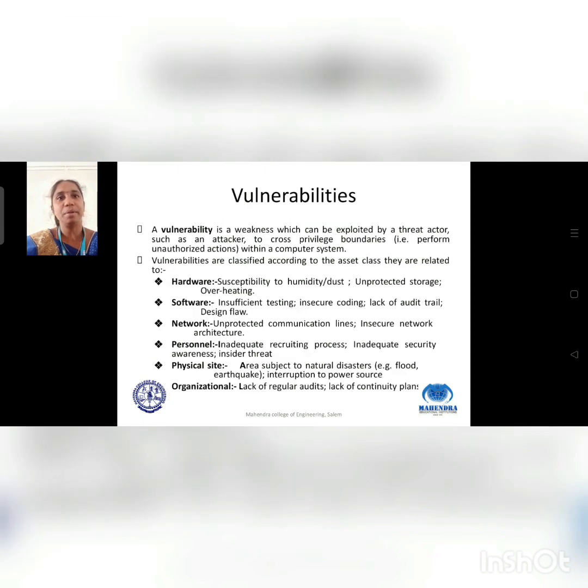Next one, vulnerabilities. A vulnerability is a weakness which can be exploited by a threat actor, such as an attacker, to cross privilege boundaries, that is, perform unauthorized actions within a computer system. Vulnerabilities are classified according to the asset class they are related to: hardware, software, network, personal, physical site and organizational.